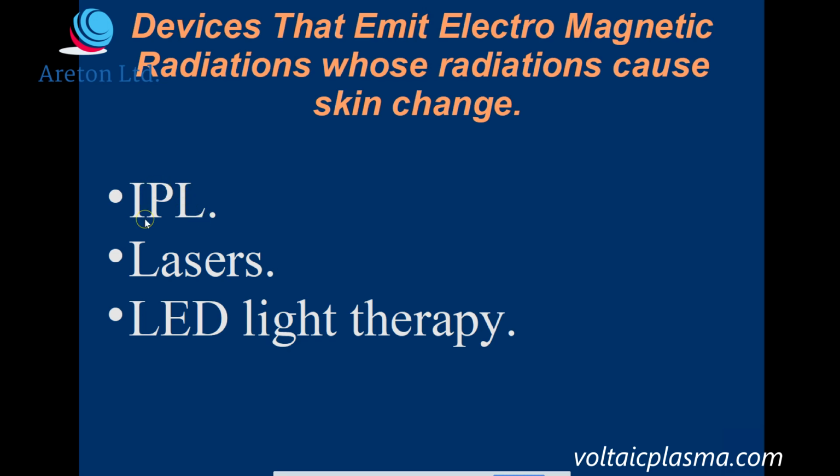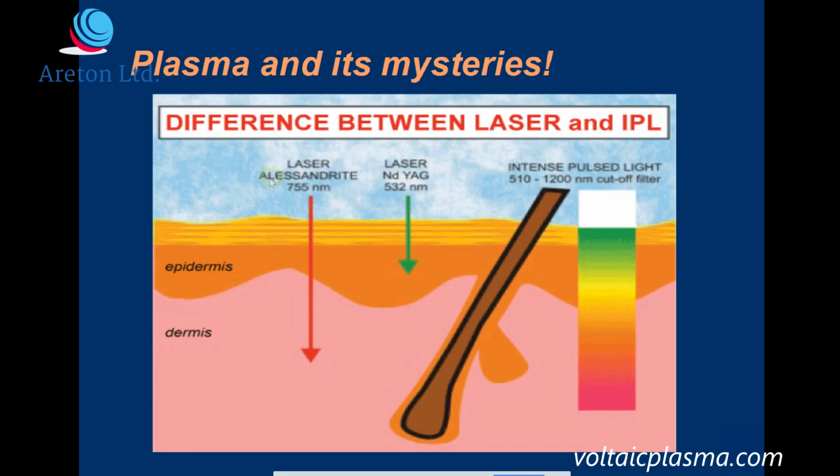Those are devices where you actually feel the light being emitted into your skin, and you do really need to wear protective eyewear, and the customer as well needs to have some eye protection of some sort, depending on where the treatment is being carried out.